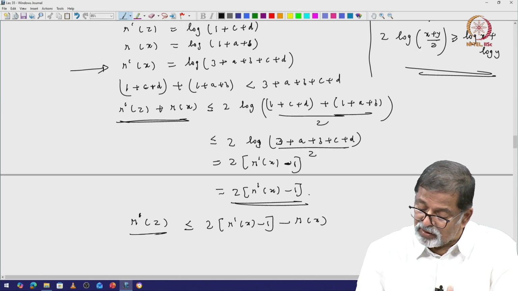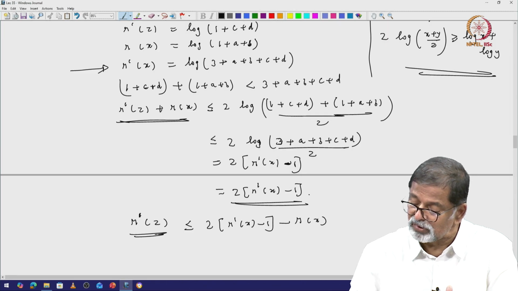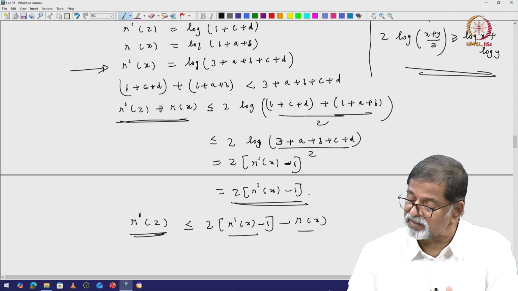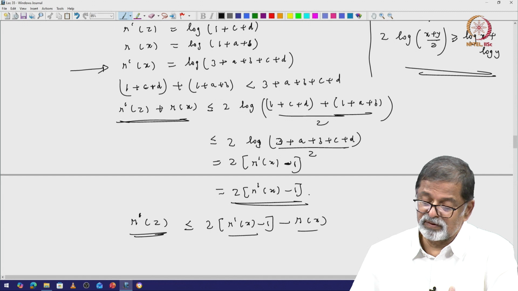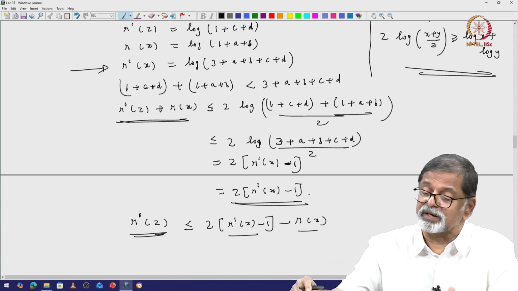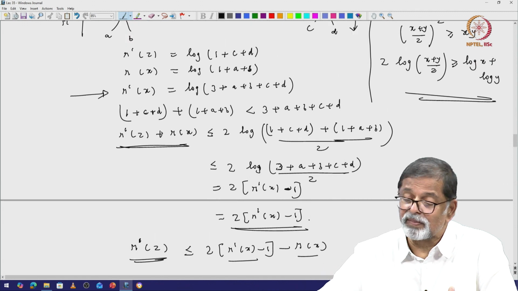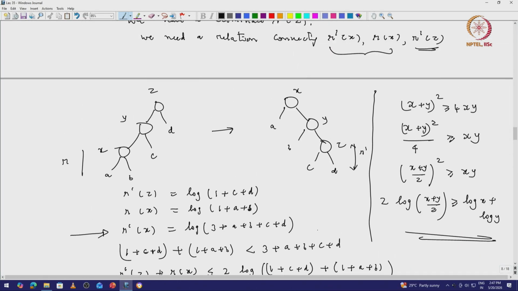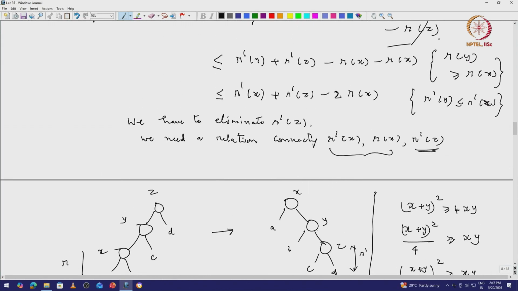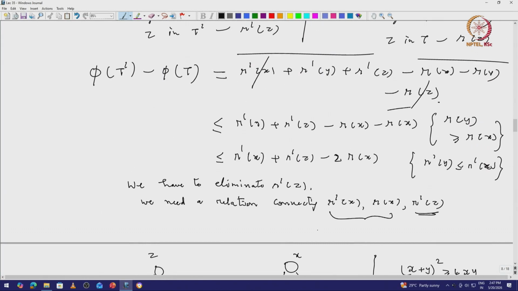So, you can see that r dash of z is expressed purely in terms of r dash of x and r of x. We are going to plug in this value there. So, what is here is the expression r dash x plus r dash z minus 2 r of x. We will recall this.